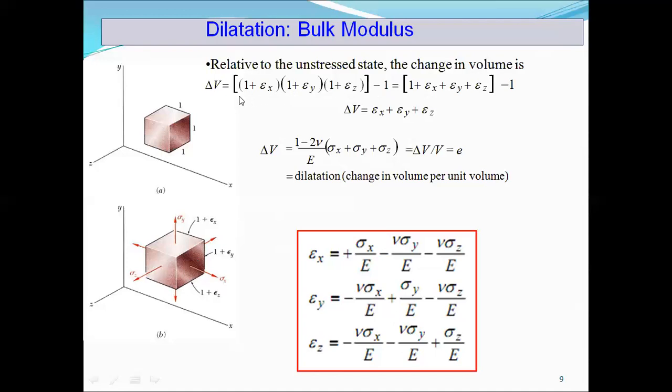Now you have to multiply all these three, and after multiplication we would get 1 plus epsilon x plus epsilon y plus epsilon z, and then the products epsilon x epsilon y, epsilon y epsilon z, epsilon x epsilon z, and epsilon x epsilon y epsilon z.